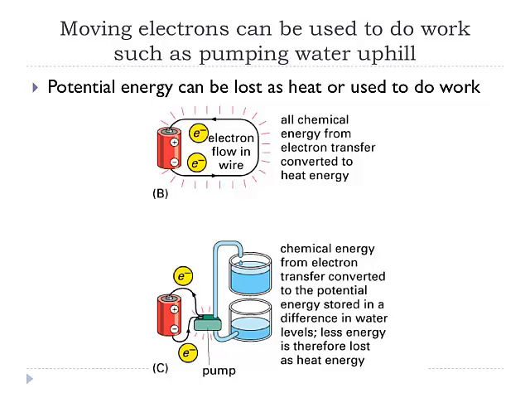So when you have a battery and you just make a circuit, you'll notice that the wires get hot, so there's some heat being lost in that reaction. But you could also make a circuit that drives a pump, and that's really what the electrons are doing in this electron transport chain. So they're pumping protons, not water in this case, but they're doing useful work in the cell, thanks to capturing that energy in a useful form.